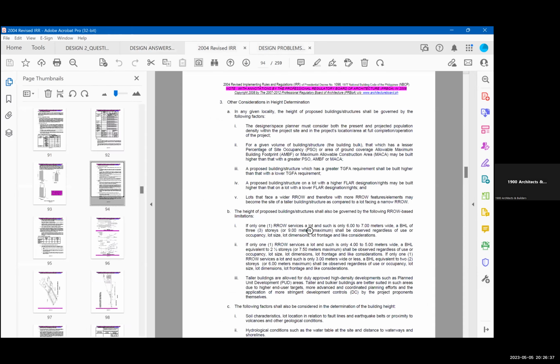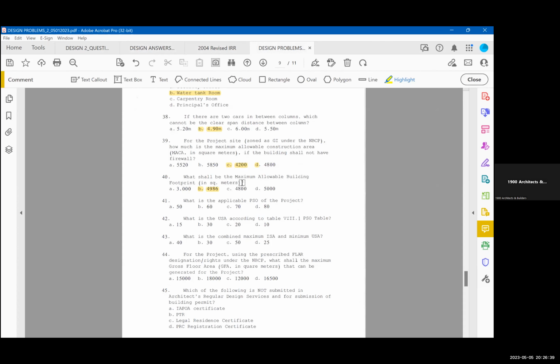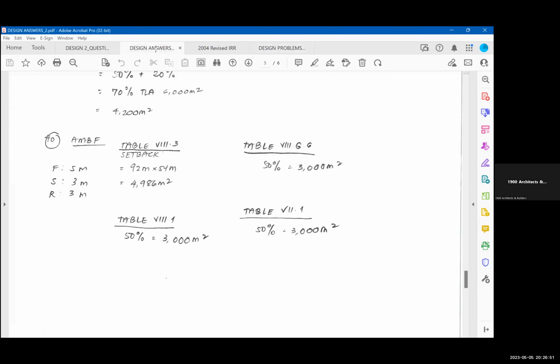But if ang question dito ay sinabi niya na what is the maximum allowable building footprint based on table 8.1, ito ang sagot natin. Kasi kinuha natin yung percentage ng PSO. Kaya siya naging 3,000.